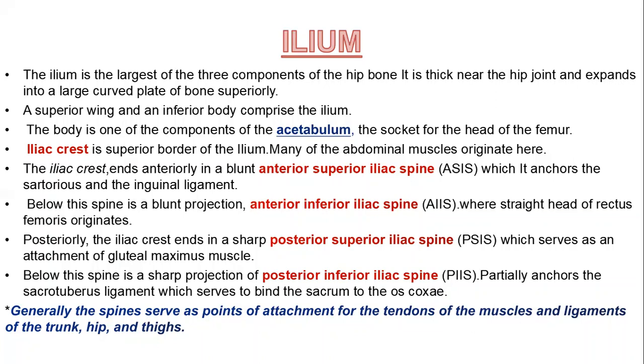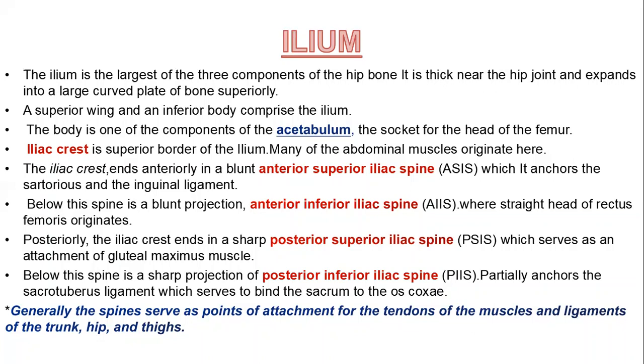So this blunt spine is a surface where it anchors the sartorius, which is the longest muscle, just to brief you, and the inguinal ligament found on the anterior aspect, at the inguinal area. Below this spine is a blunt projection, the anterior inferior iliac spine, denoted as AIIS, where the straight head of rectus femoris originates.